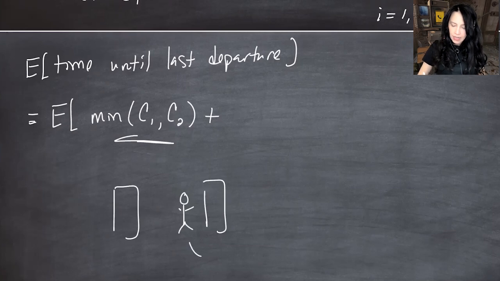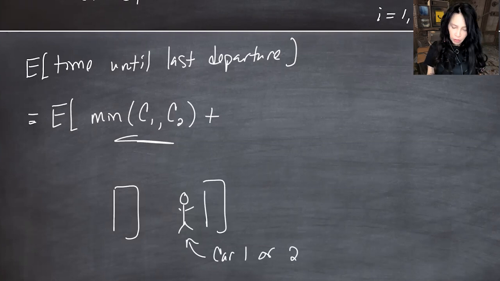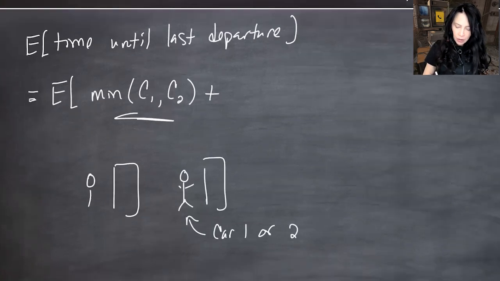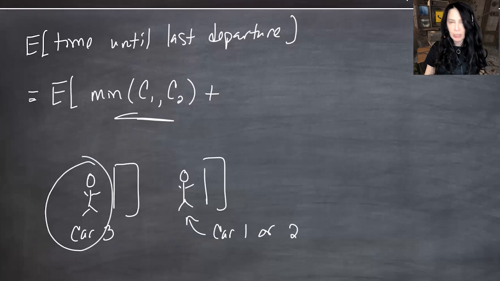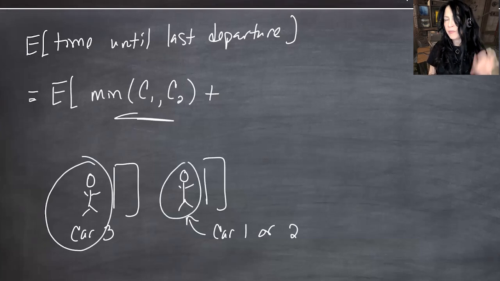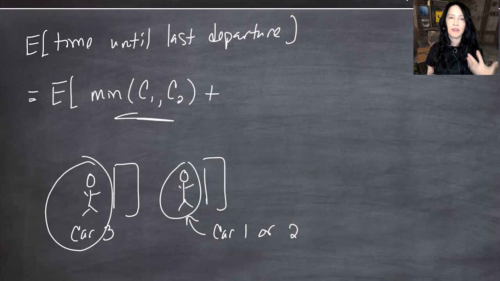So this is like car 1 or 2, whoever was left after the first departure, and then car 3 pulls in. And so the first one to leave now is the minimum of the car 3 time and whatever is left over from the car that was left behind after the first departure. By lack of memory, that's just another exponential with rate lambda.